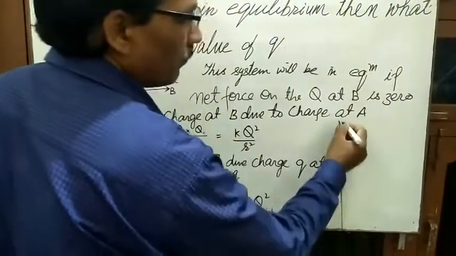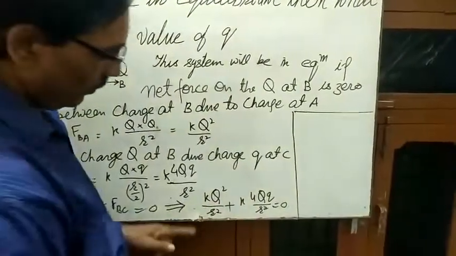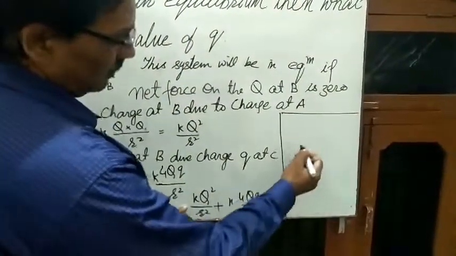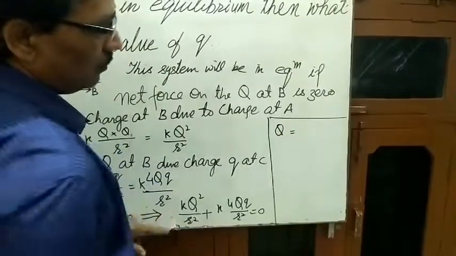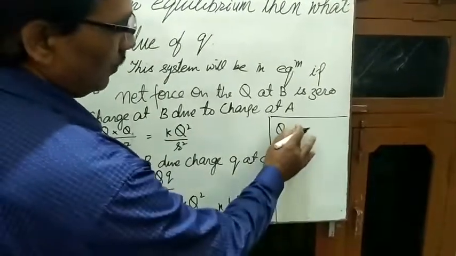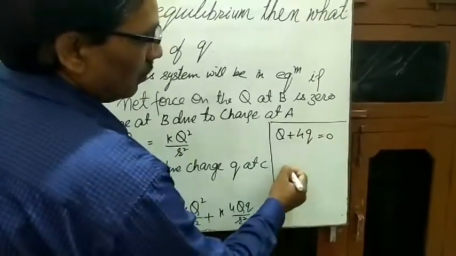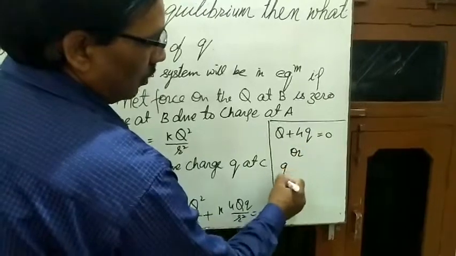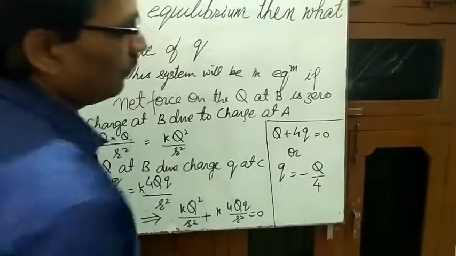Now, solving this, we will get q is equal to how much? Q plus 4q is equal to 0, or q is equal to minus Q by 4.